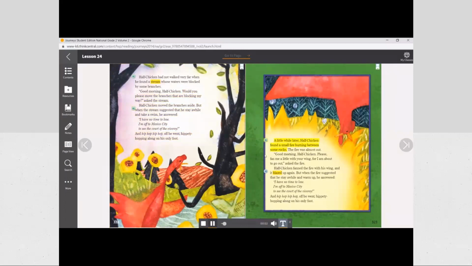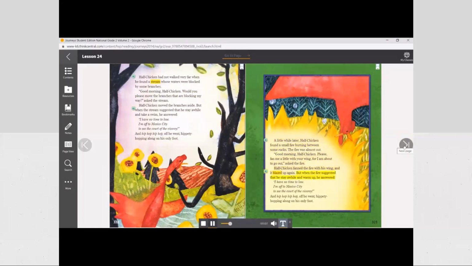A little while later, Half Chicken found a small fire burning between some rocks. The fire was almost out. "Good morning, Half Chicken. Please fan me a little with your wing, for I am about to go out," asked the fire. Half Chicken fanned the fire with his wing, and it blazed up again.